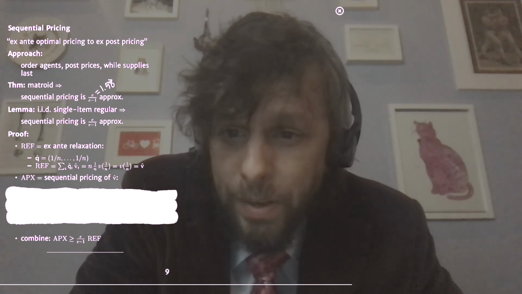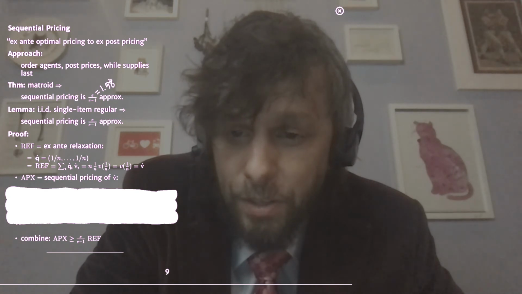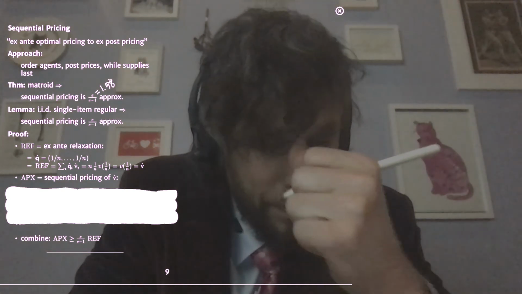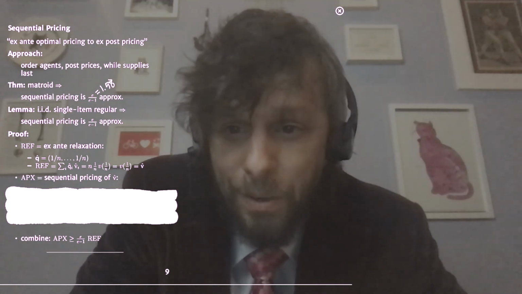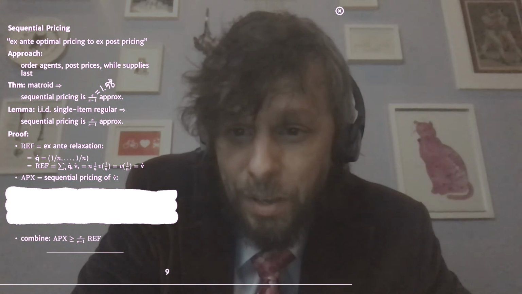Great, so what is the ex-ante relaxation, the reference mechanism? That's going to sell to each agent with probability 1 over n, and it's going to offer them the price that corresponds to the quantile 1 over n. And it's going to get that summed over all agents. Well, look, this is symmetric, so there are n of these agents.